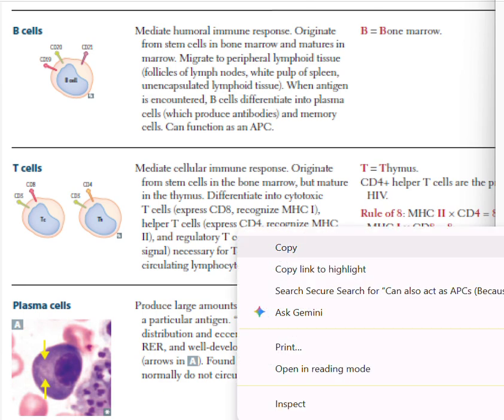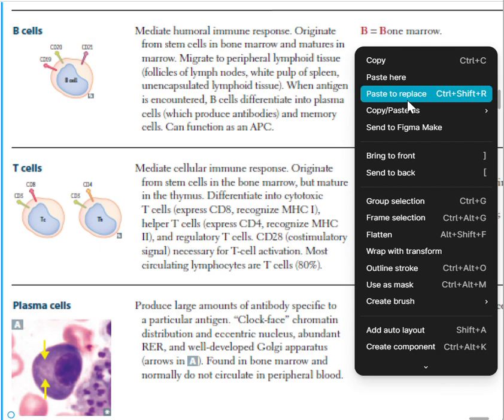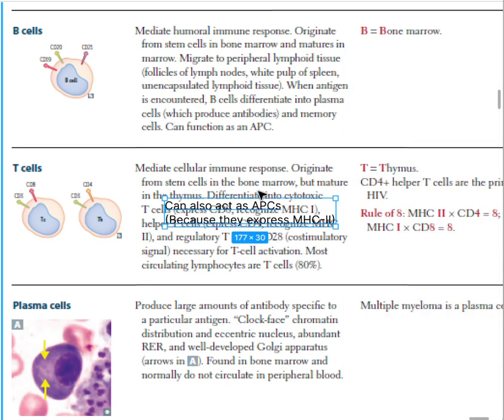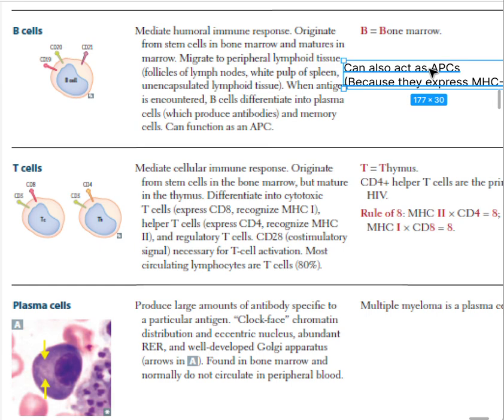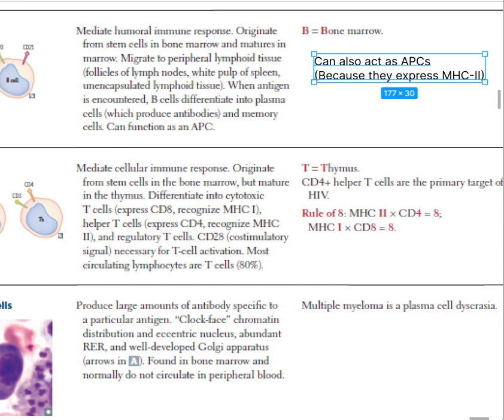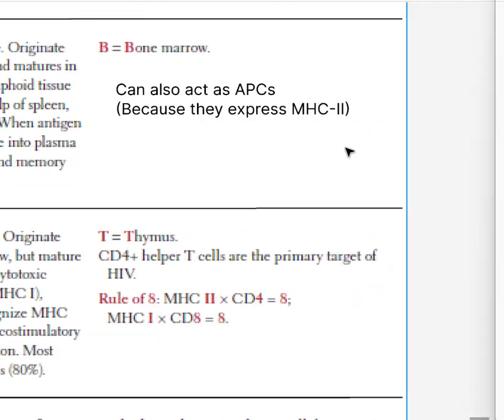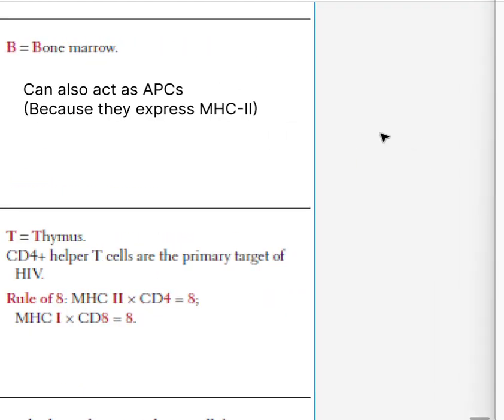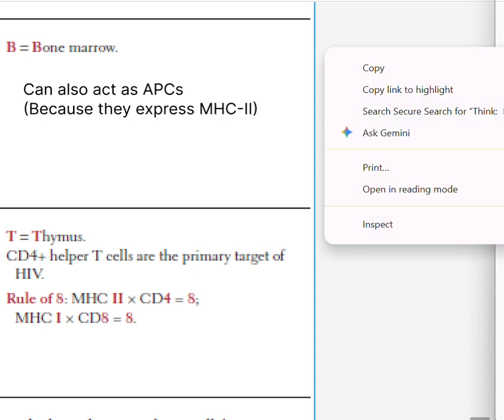Because they express the MHC2 receptor, right? So here we have some core B cell markers like CD19, CD20, CD21, CD22. So remember that a B cell is CD19, 20, 21, 22 positive.